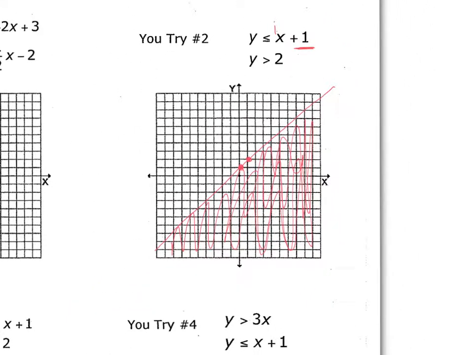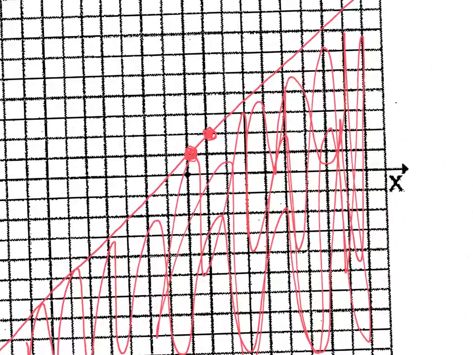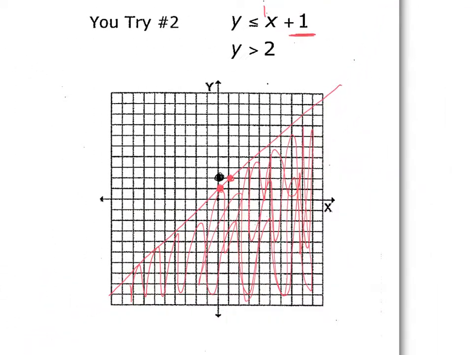For the second part, we know that y equals a number, so we're going to have a horizontal line at 2. Let's mark that point. At y is 2, we mark a point, and we know we need a horizontal line. But what type of horizontal line? Since we don't have a line underneath the inequality, it's going to be a dashed line.